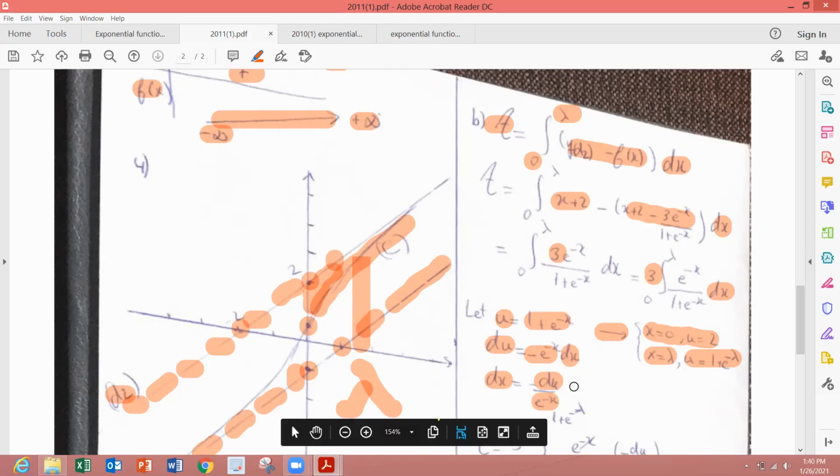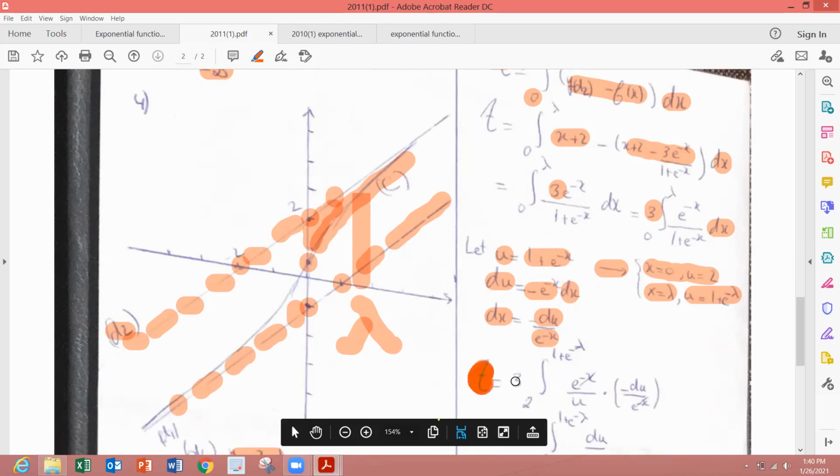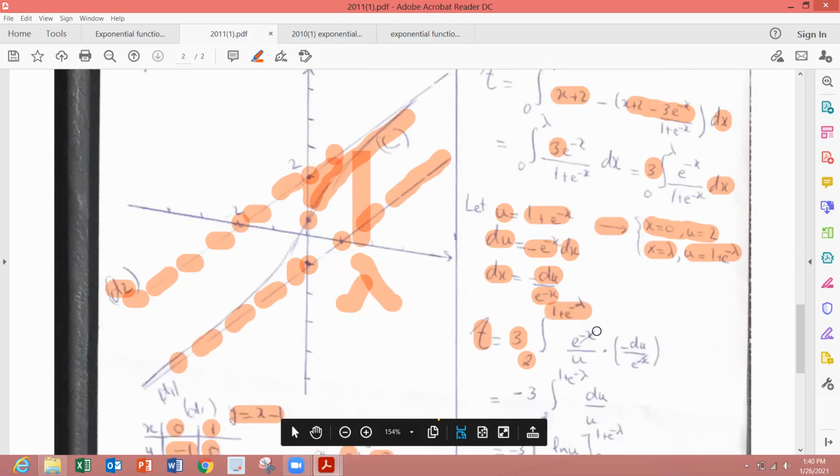Up to here, any question? No. Then the integration changes. Then the area equals 3 times the integral, where the bounds 0 and lambda are changed: 0 becomes 2 and lambda becomes 1 plus e to the minus lambda, of e to the minus u over u, times minus du over e to the minus u. dx is minus du over e to the minus x.